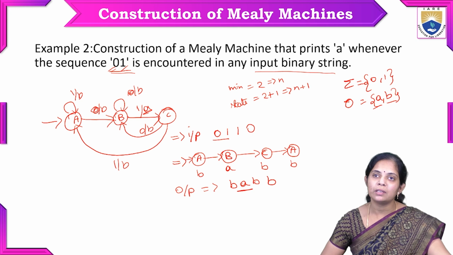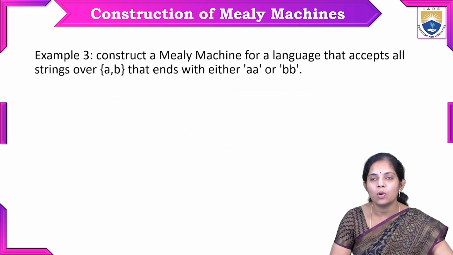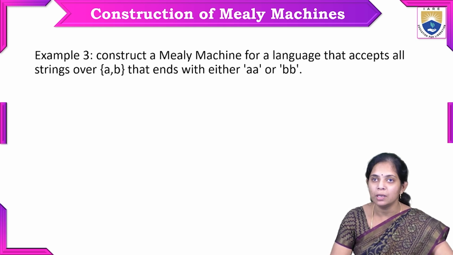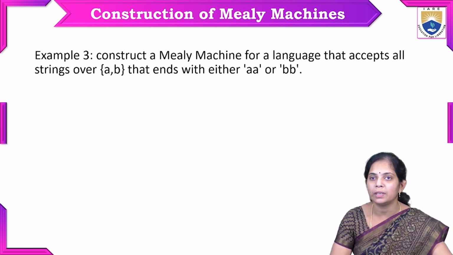Let's move to another example. Construct a Mealy machine for a language that accepts all strings over a, b that end with either aa or bb. So here an OR is there and we have two sequences, whereas before we saw only one sequence.